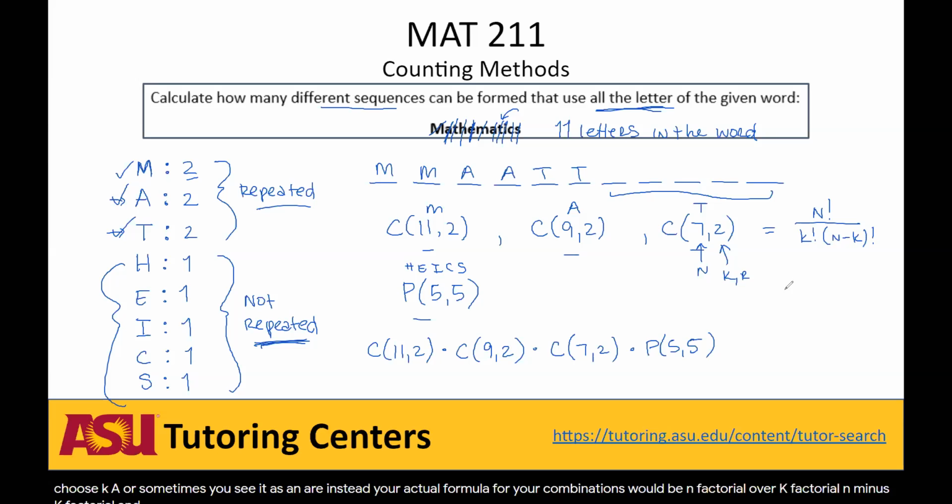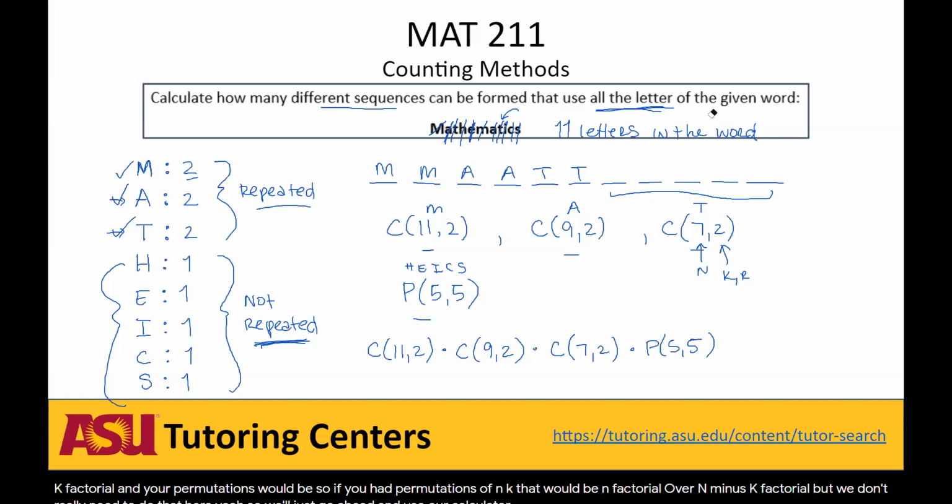And your permutations of N, K would be N factorial over N minus K factorial. But we don't really need to do that here. So we'll just go ahead and use our calculators.